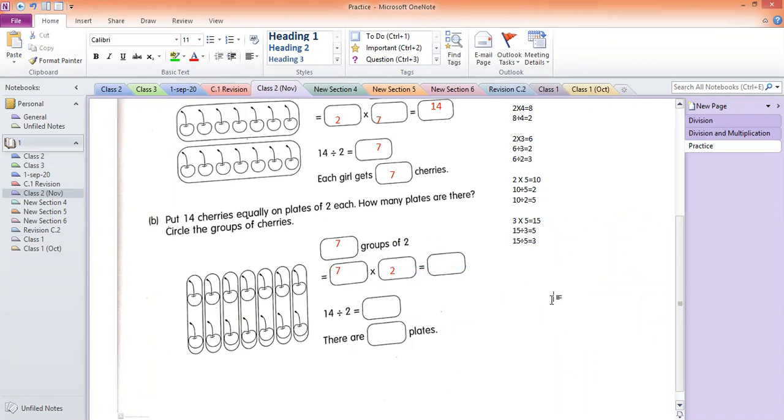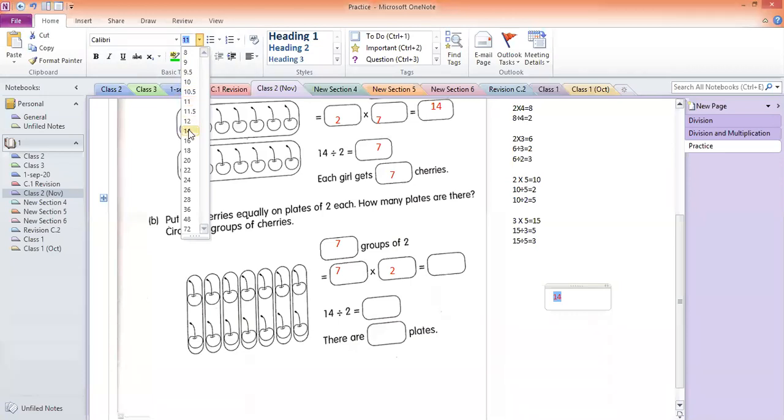Yes, guys. 7 multiplied by 2 equals to what? The answer is 14. 7 multiplied by 2 equals to 14.